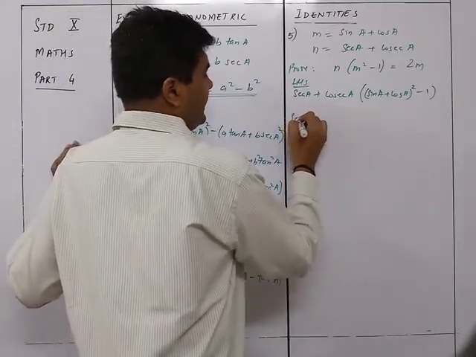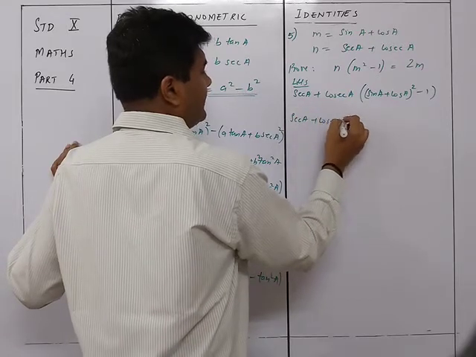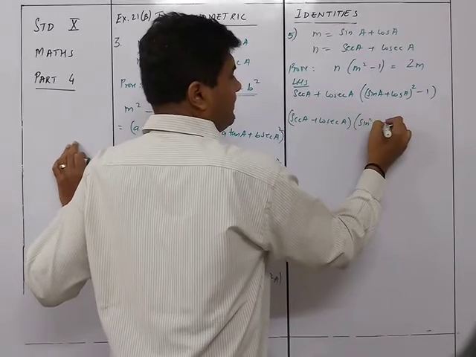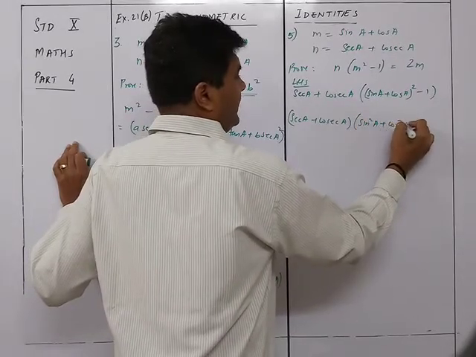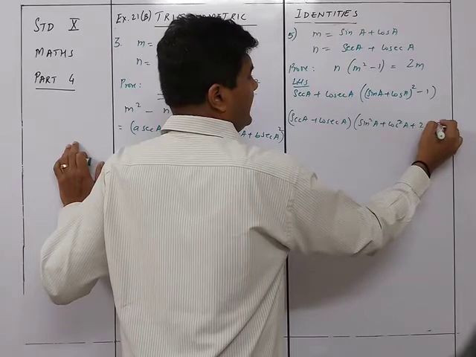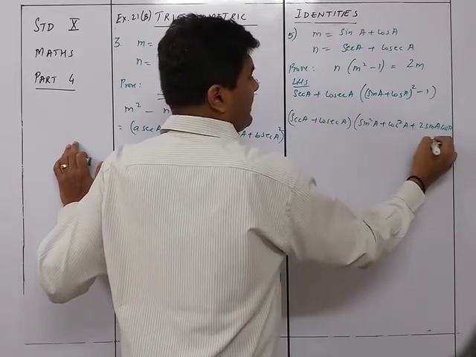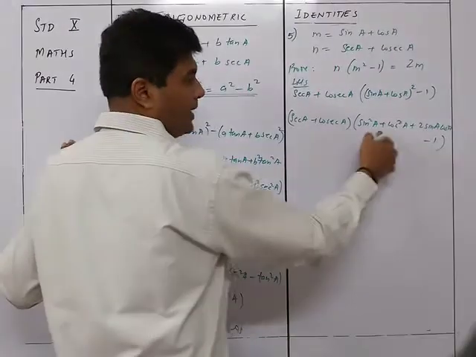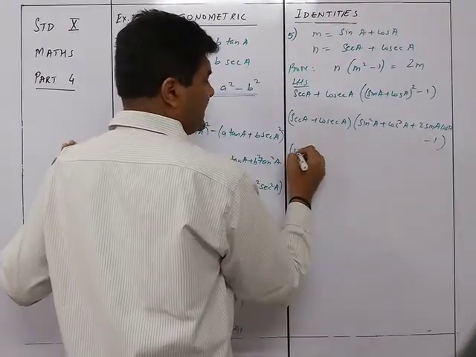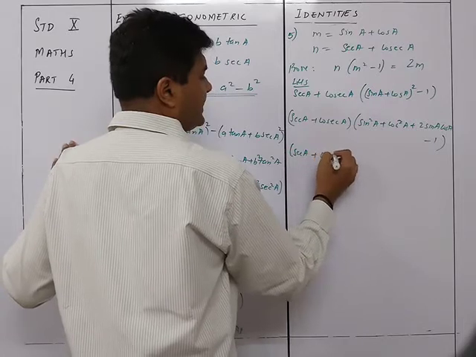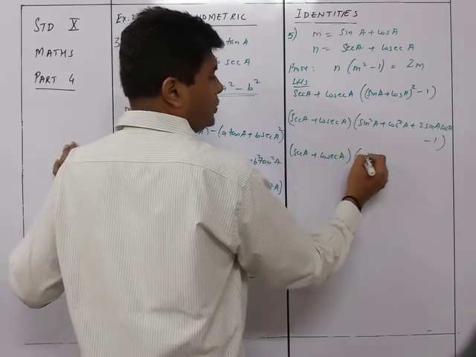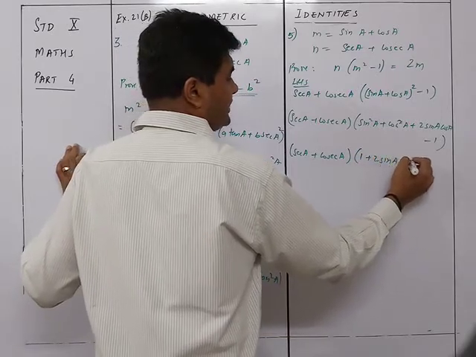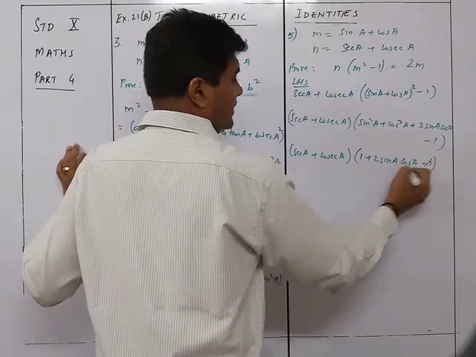So this will be (sec A plus cosec A) into (sin square A plus cos square A plus 2 sin A cos A) minus 1. Sin square plus cos square is 1. So it will be (sec A plus cosec A) into (1 plus 2 sin A cos A minus 1). So minus 1 plus 1 cancels.